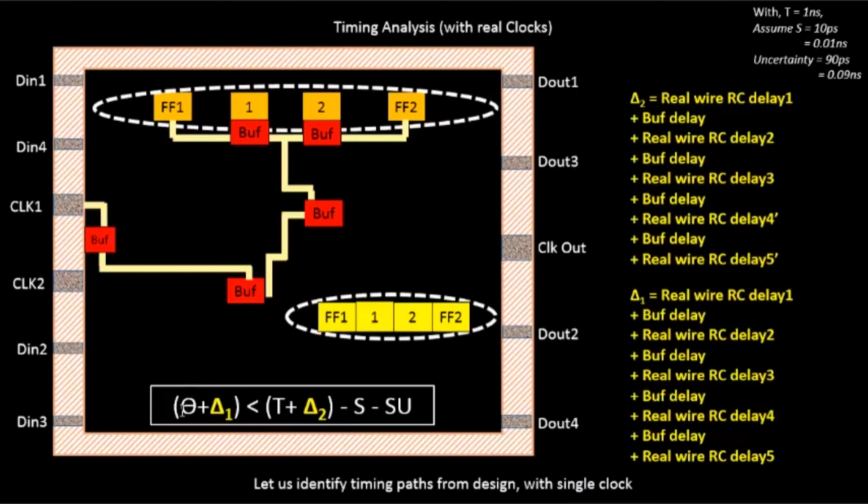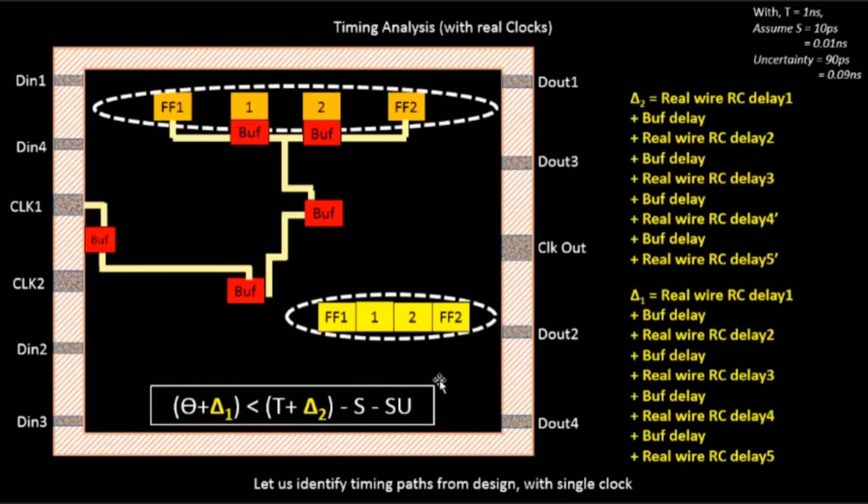So the combinational delay still consists of estimated parasitics, while the clock network delays delta 1 and delta 2 will be the real parasitic delay. Once the clock tree is built, it's never touched in further optimization stages, so it makes sense to do an amount of timing analysis at the clock tree synthesis stage.